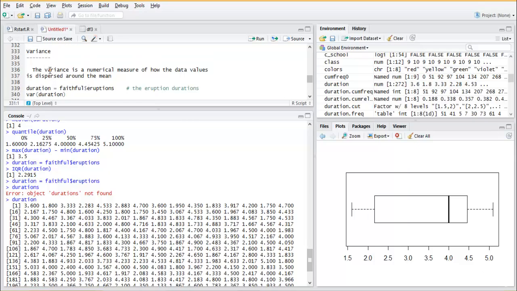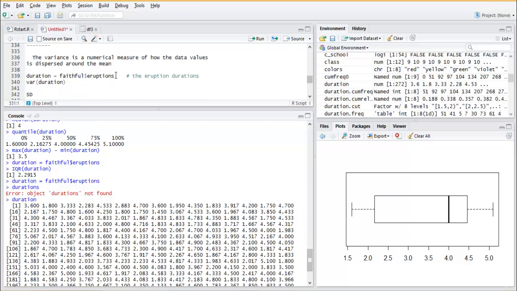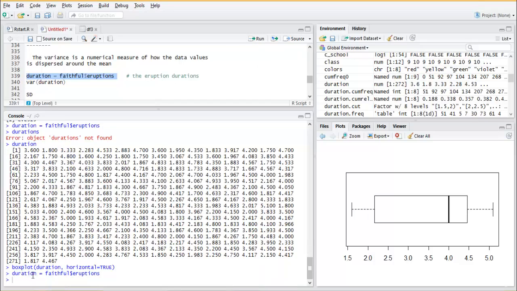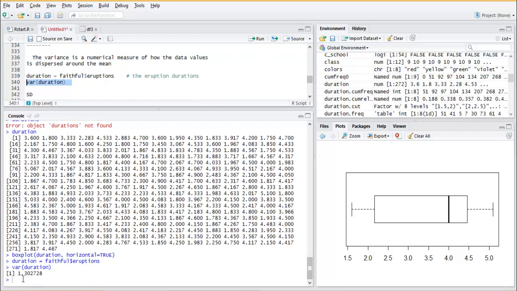What is variance? We know it's a numerical measure of how data is dispersed around the mean. So let's see the formula for calculating variance. The function is var, in small letters, and you will know the variation in the data set. So this 1.3 is the variation that exists in the data set.